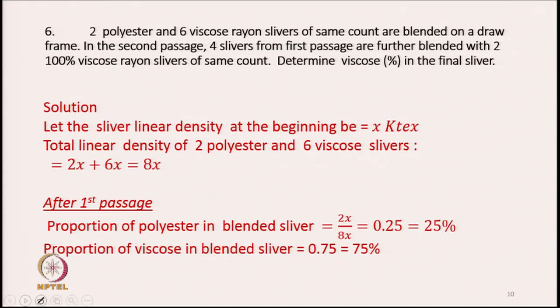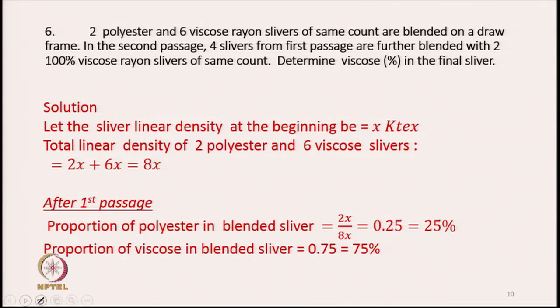So, the solution in this case is as shown here. The only thing is that we have not been given any count, only numbers are given. So, there is no count value or linear density value of the slivers given in this particular problem.